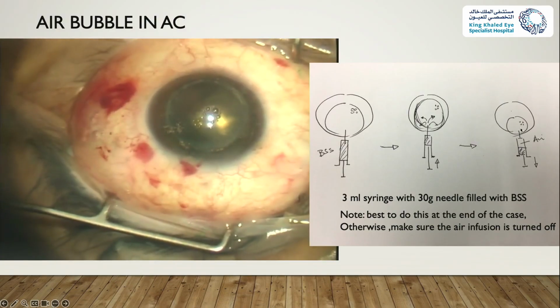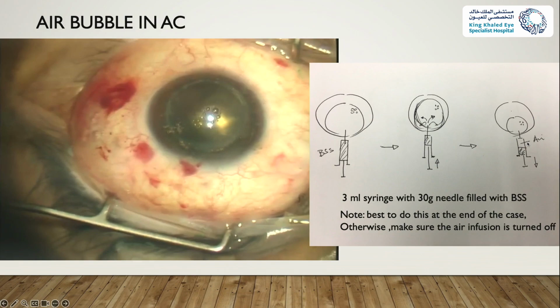But one small tip is that when you aspirate at this point and the pressure starts to get low, you pull the needle out and don't stay in there and try to inject the balanced salt back into the eye, because in your needle and syringe there's air before the fluid.